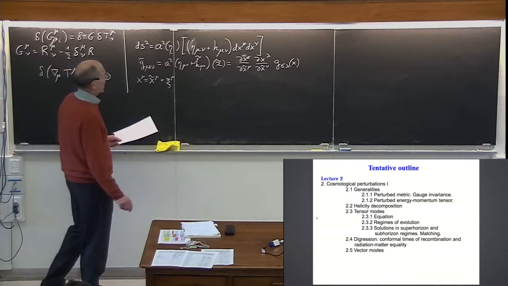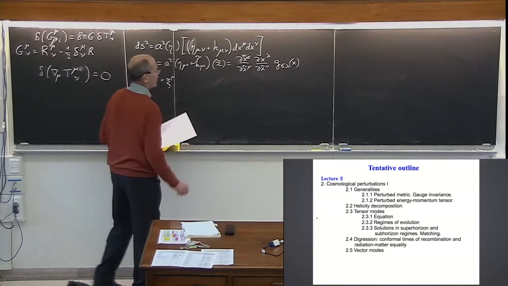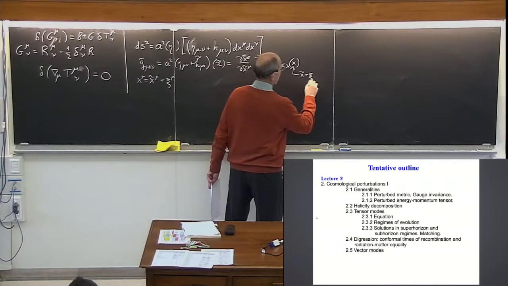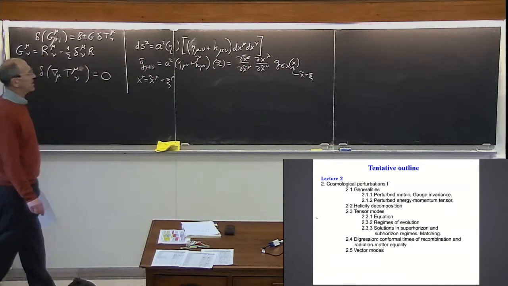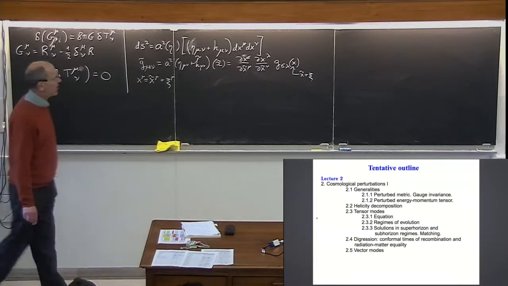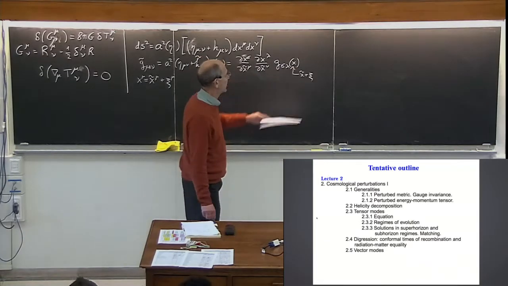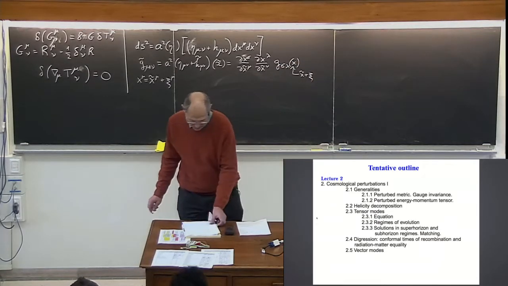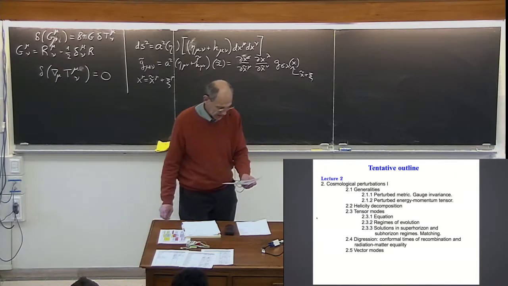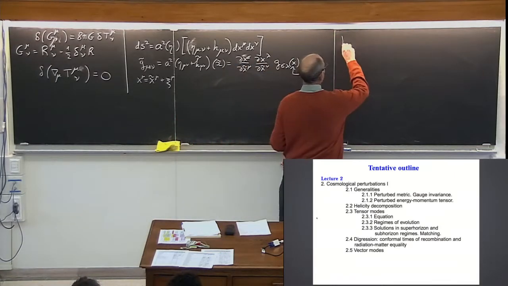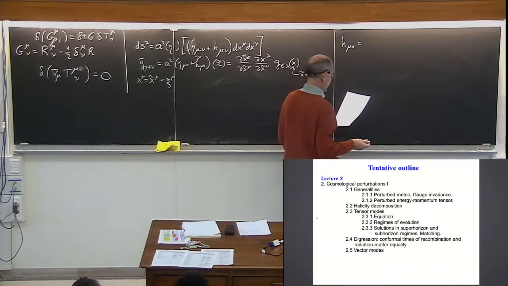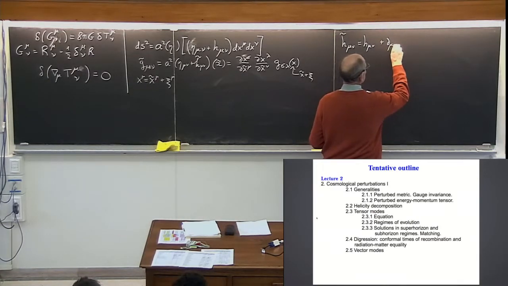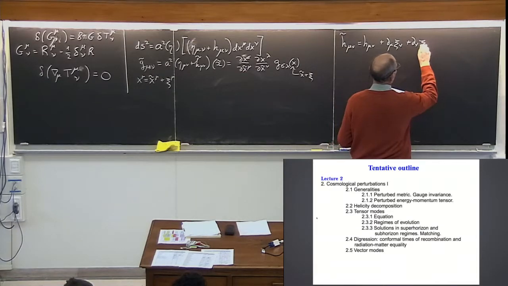So one works this out at a given value of coordinates, so that this x here is x tilde plus psi, and arrives at the functional form of the gauge transformation at a given value of x, or x tilde, you drop the tilde, and finally you get that h mu nu equals h tilde mu nu plus d mu psi nu plus d nu psi mu.